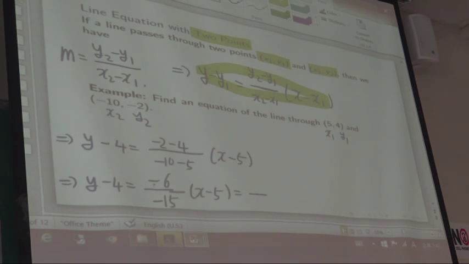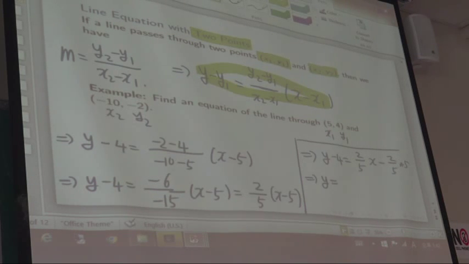And we can simplify by dividing by 3, which is 2/5 times x minus 5. Then let's distribute the 2/5, and we have y minus 4 is 2/5 x minus 2/5 times 5.